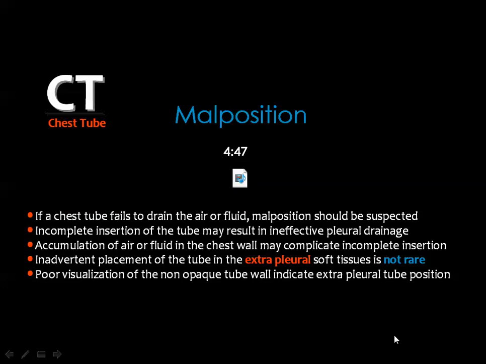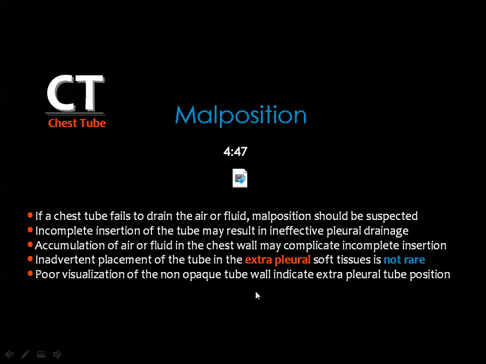Okay. Now we will discuss the complications of the tube, and the first is, of course, the malposition. And how can you judge that the tube is malpositioned? If it fails to drain air or fluid.